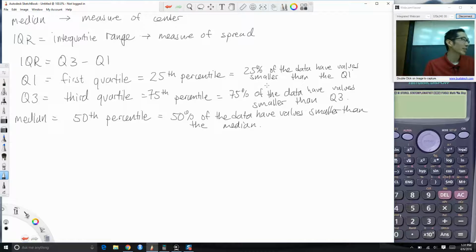I'm completely making this up. If we said the median is $800, we're saying half of you have less than $800 in your bank account, and half of you have more than $800.